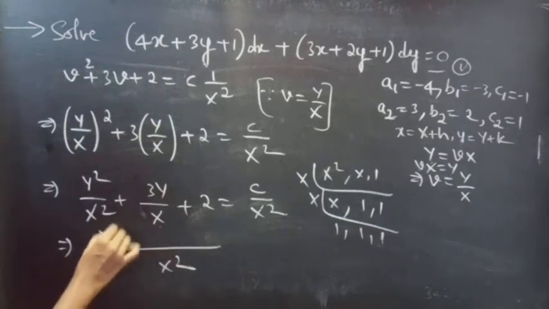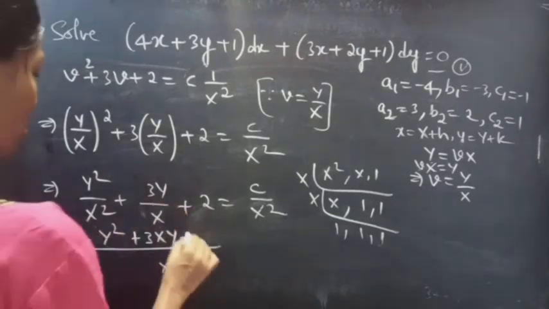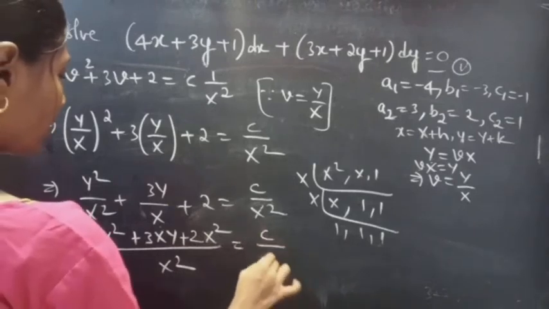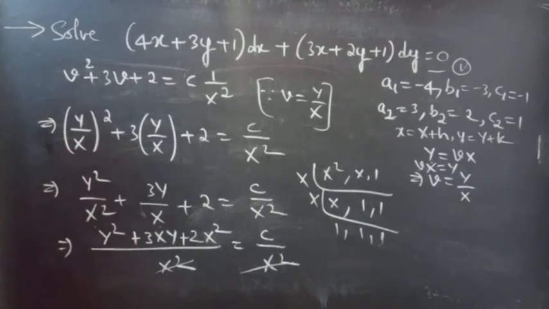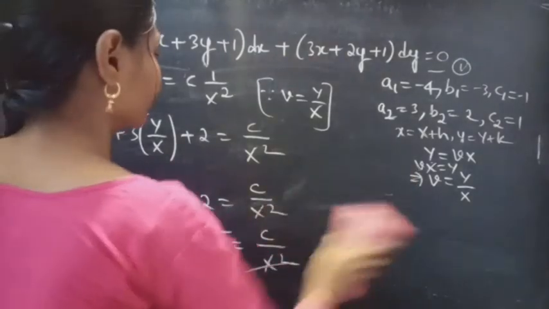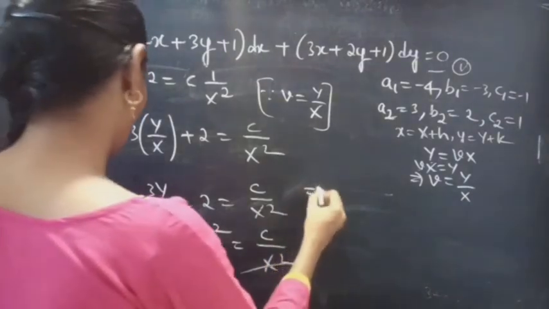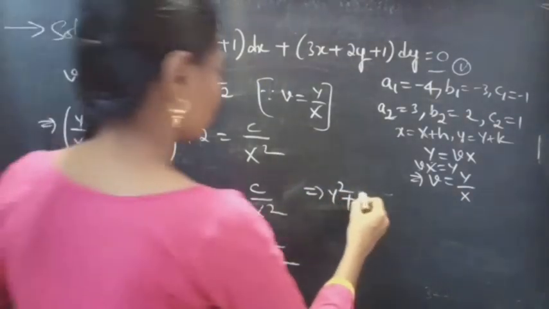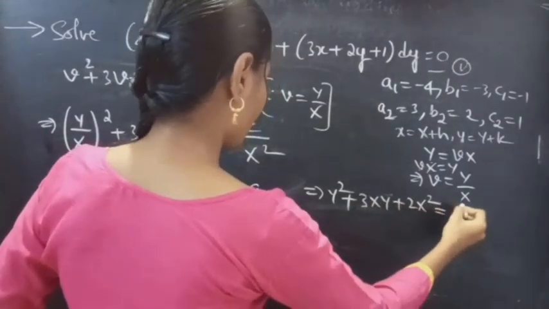In the numerator we'll get y square plus 3xy plus 2x square equals to c by x square. Here x square from the denominators gets cancelled. Then y square plus 3xy plus 2x square equals to c.